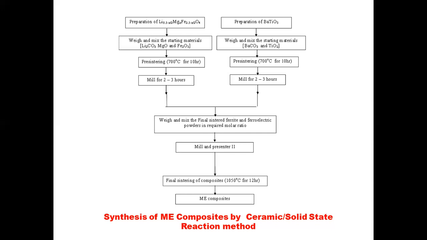Then, after mixing these starting materials in an agate mortar, you will have to pre-sinter the compounds. For pre-sintering of these different samples, you will have to use alumina crucibles, because alumina crucibles can withstand temperatures of more than 1200 degrees centigrade.